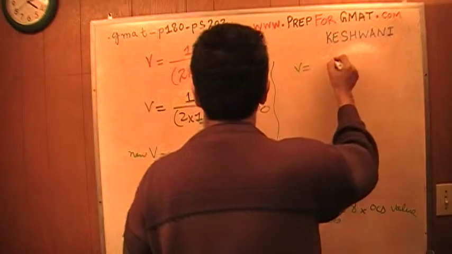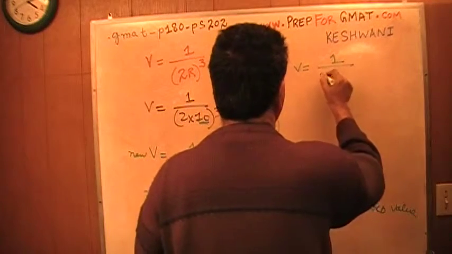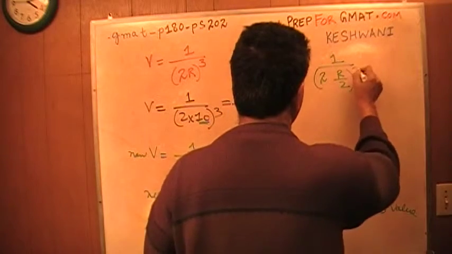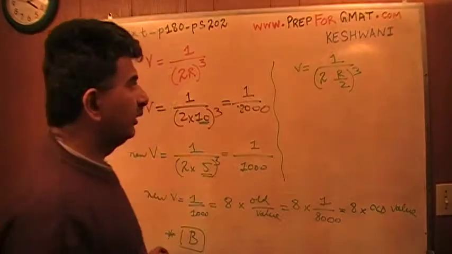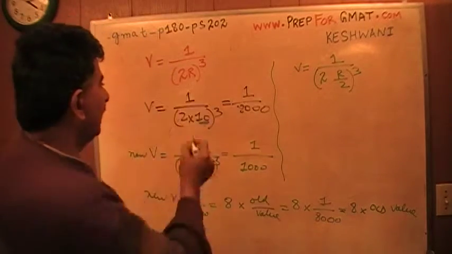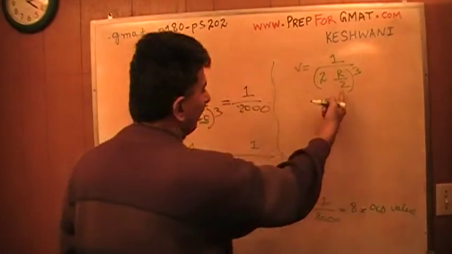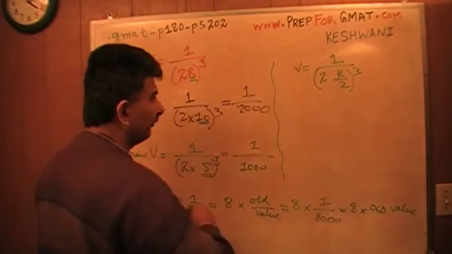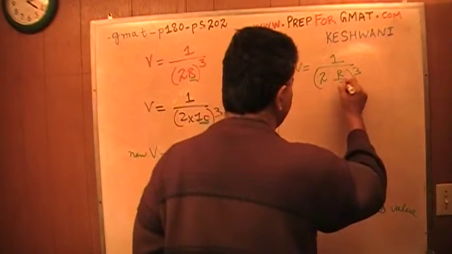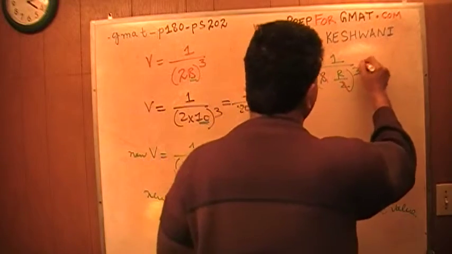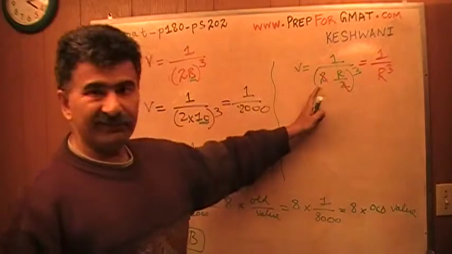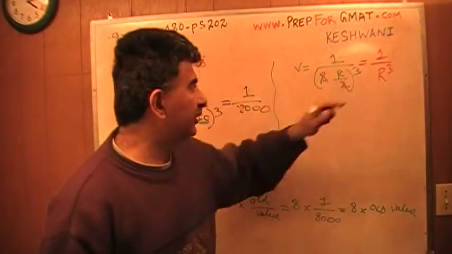The new value is going to be 1 over 2 times r over 2 cubed. Why r over 2? Because it used to be r. I'm taking half the value of r. Half the value of r is r over 2. So what happens? This 2 cancels out with that 2, and we end up with 1 over r cubed.